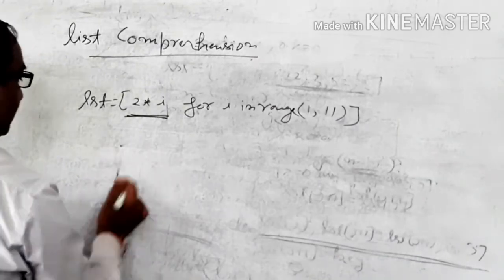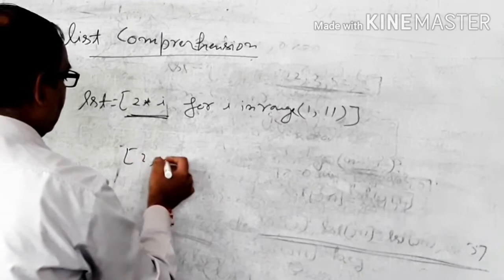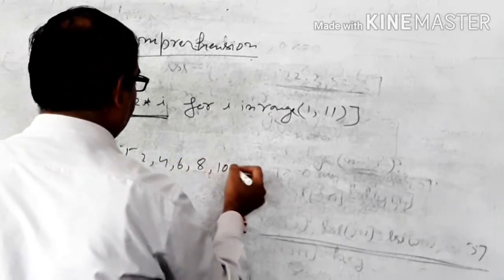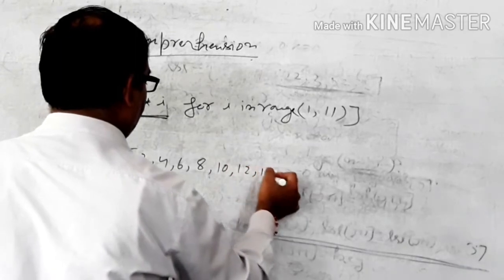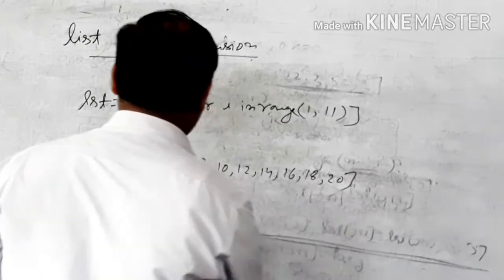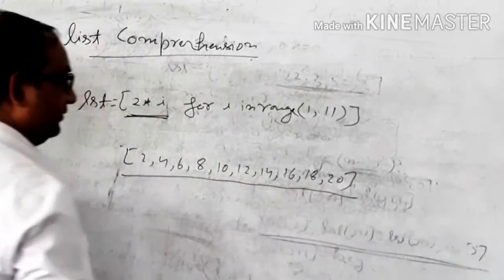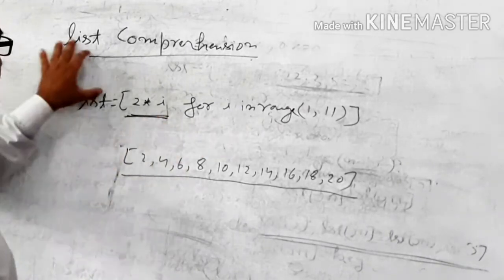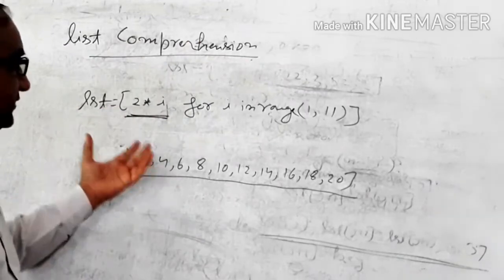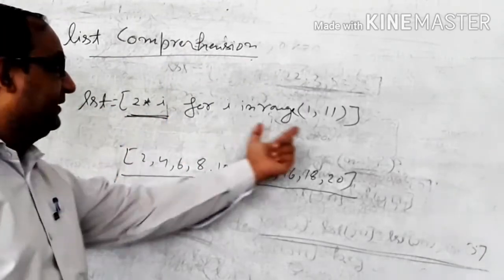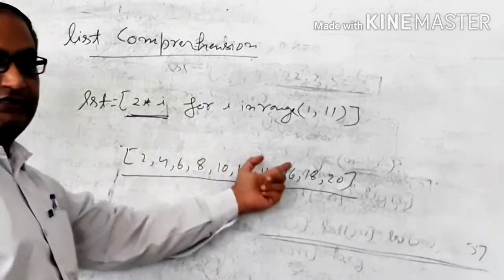So we have the list 2, 4, 6, 8, 10, 12, 14, 16, 18, and the last is 20. So this is the list. This is a very simple way. It means that you can create the list in a single line statement. So this is known as list comprehension.